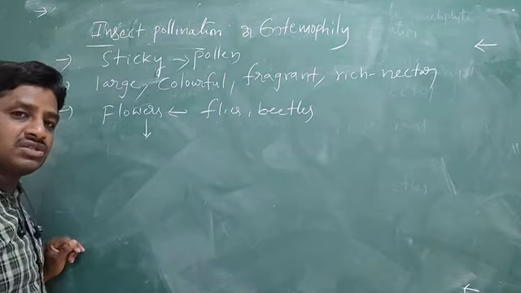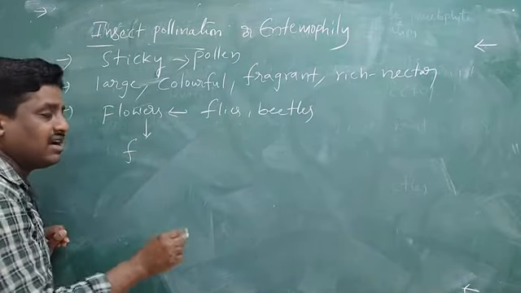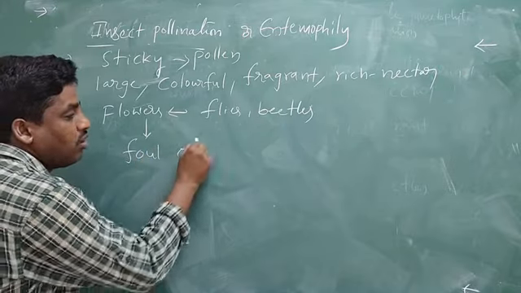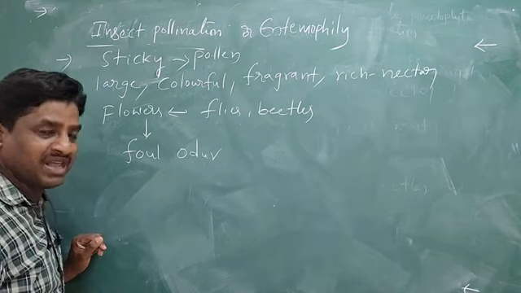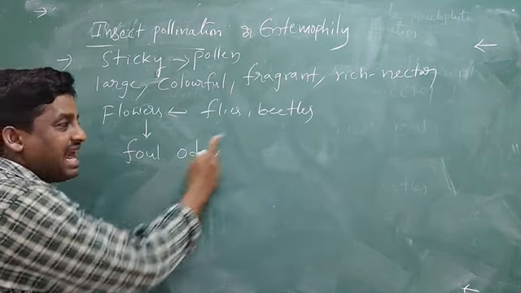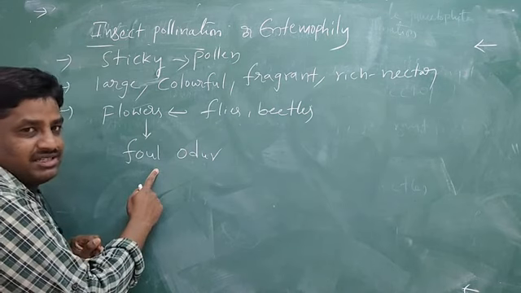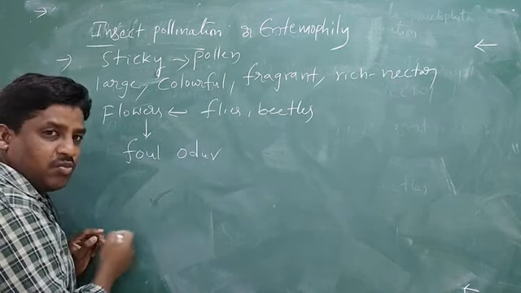The flowers secrete a foul odor. Foul odor means bad smell. The flies and beetles are attracted to this foul odor. So as a result, pollination occurs.